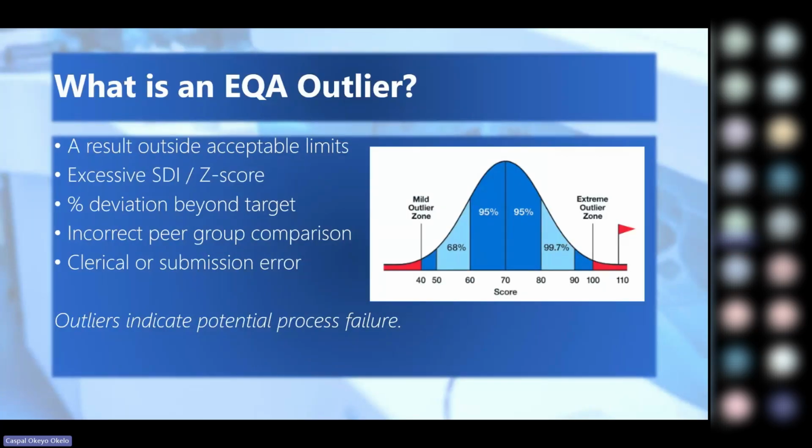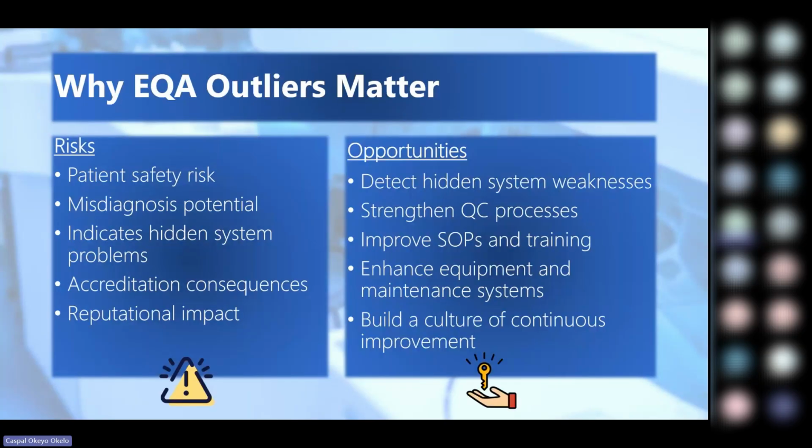Let us now discuss why EQA outliers truly matter. Colleagues, it's easy to see an outlier as just a bad score, or as we've defined, just a number outside the acceptable limits. But EQA outliers are much more than that. First and foremost, EQA outliers matter for the sake of patient safety.